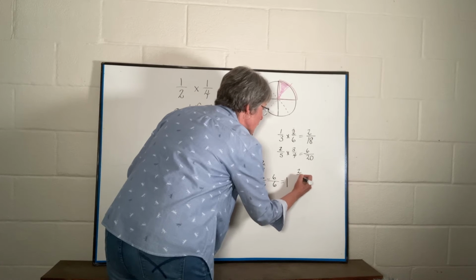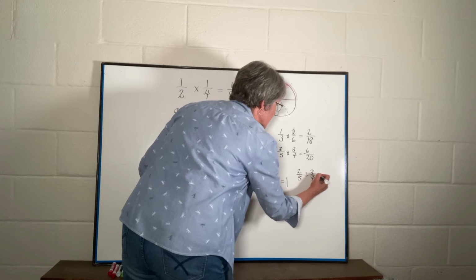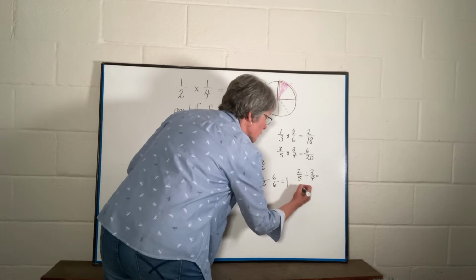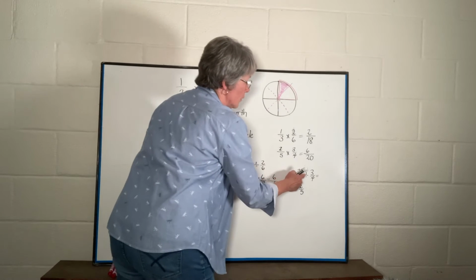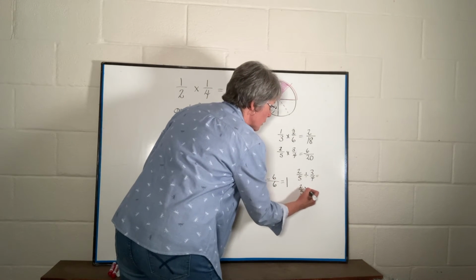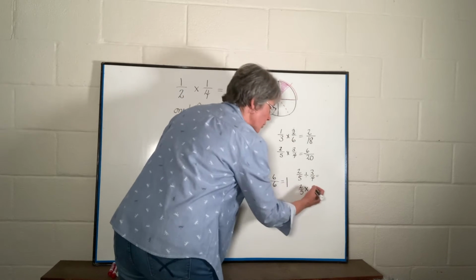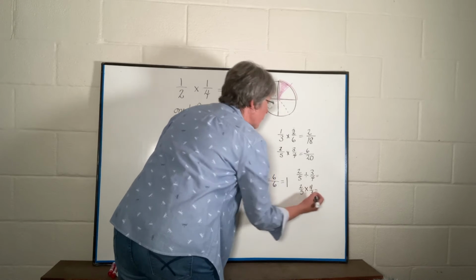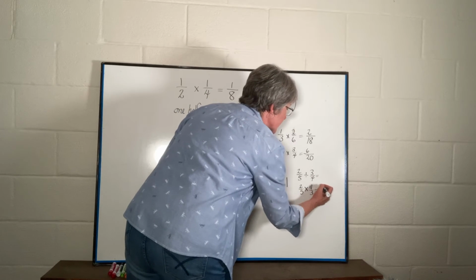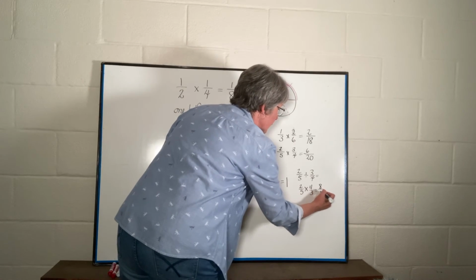Let's do this one as a division problem. 2/5 divided by 3/4. First fraction remains in the same form. Division becomes multiplication, and then we flip it, or the correct term is you use its reciprocal, or we invert it. 2 times 4 is 8, and that's our numerator. 5 times 3 is 15.